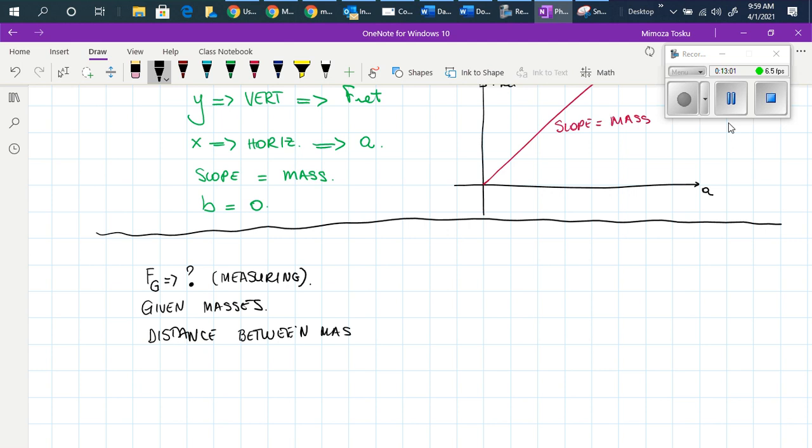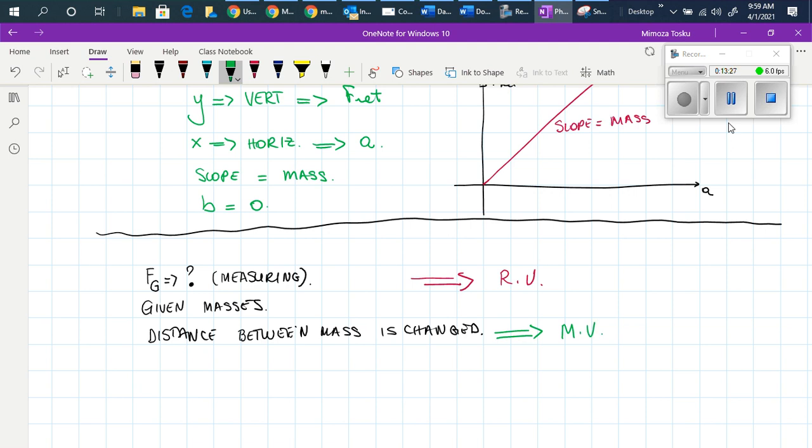So while measuring the universal force of gravity, this will be the responding variable, and I am changing the distance between the centers of the masses, and this will be my manipulated variable.